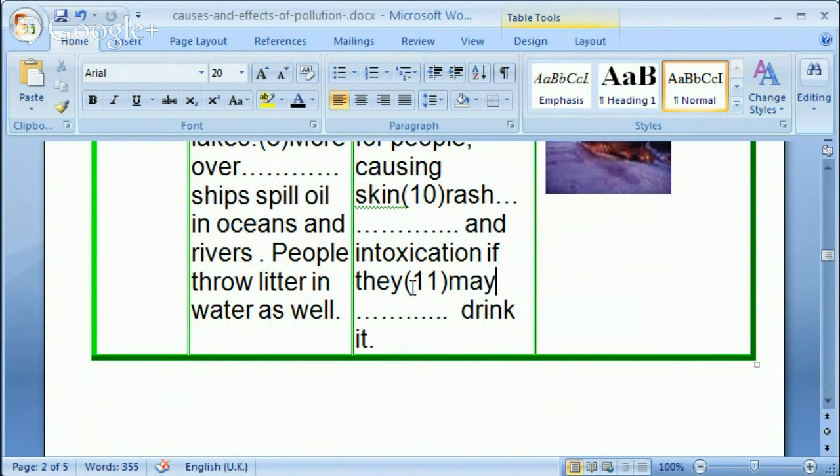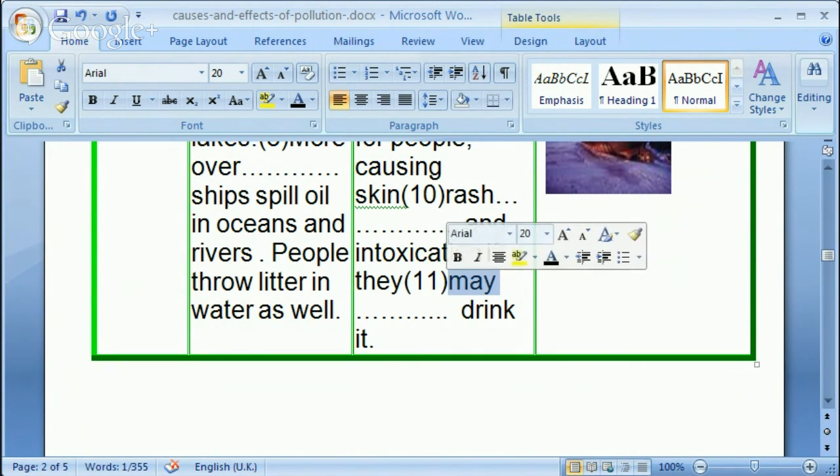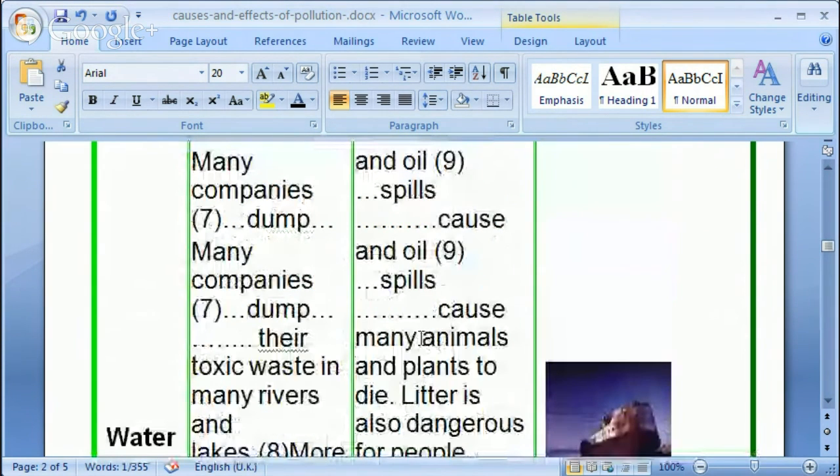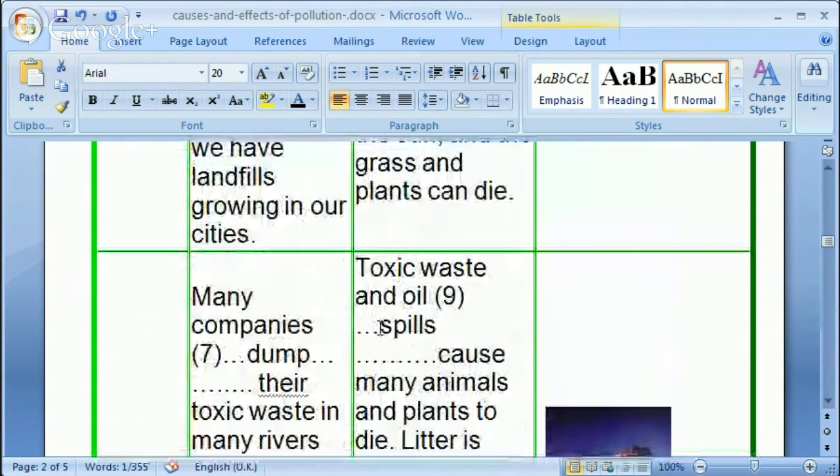I don't really like this sentence structure, but I guess they're showing if they possibly drink it. I would choose to use an adverb here, but I guess in context, it more or less makes sense if they may drink it. There we go. All right. So we figured it out.